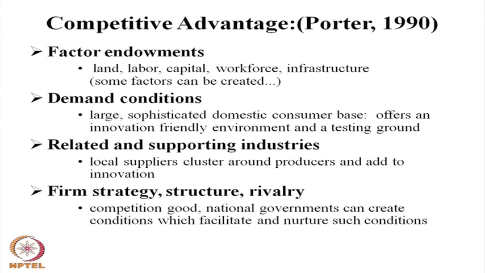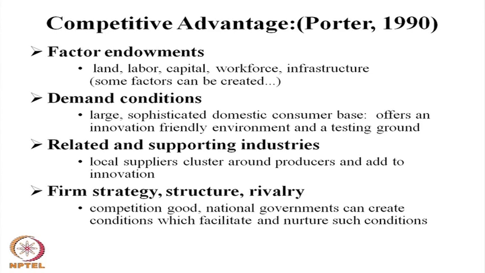So, factor endowment, demand condition, supporting industry, clusters of production process and firm strategy are the Porter advantages. Porter in 1990 provided these advantages for competitive cost, and this advantage provides some kind of benefit to the industry which has this kind of endowment, and they alone command international trade and decide the trade pattern in the actual international market.